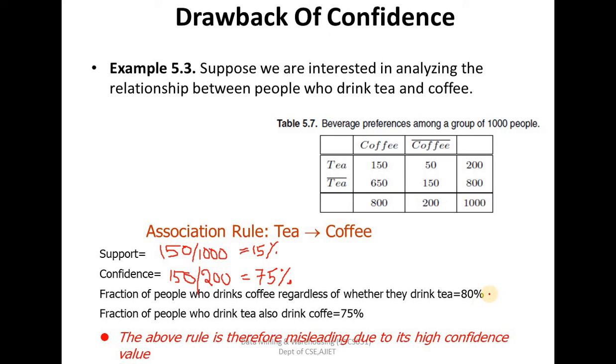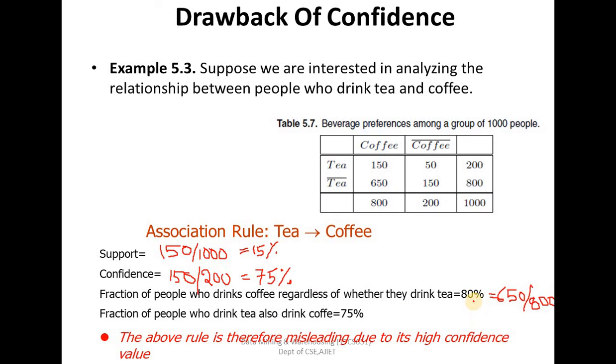How is it 80%? The number of people who drink coffee and do not drink tea is 650, divided by the support count of coffee, which is 800. 650 divided by 800 is 80%. So this is the fraction of people who drink coffee regardless of whether they drink tea.